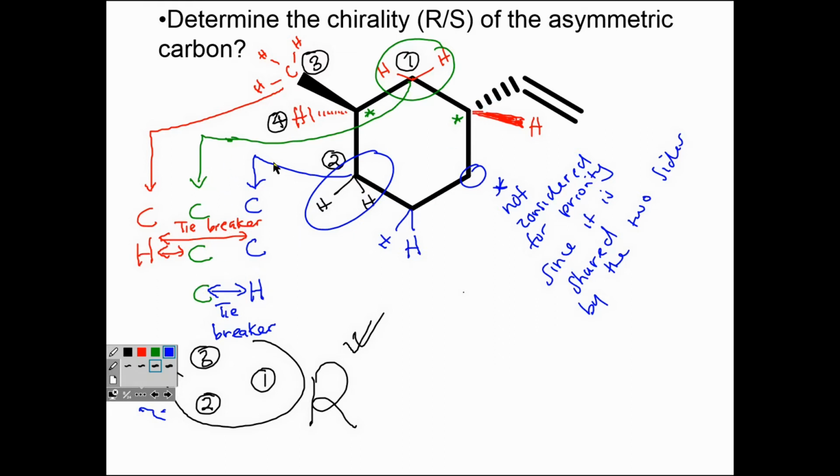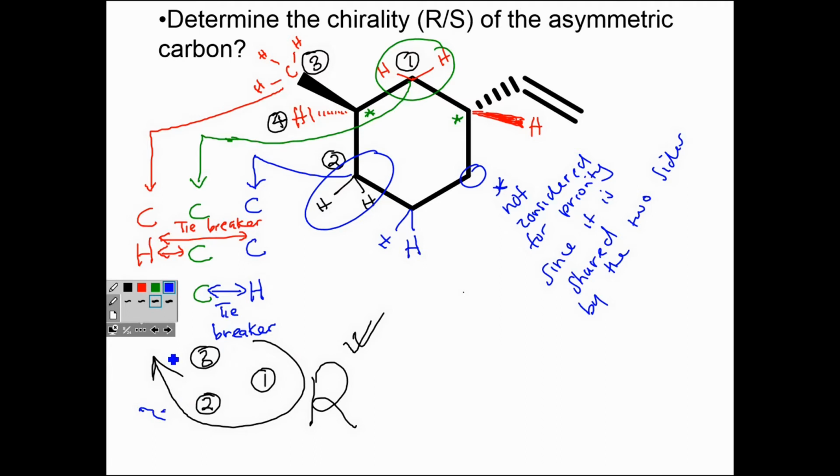So the carbon that started the entire sequence, this carbon here, is gonna have priority number 1, because this carbon gave you a break. You have a tiebreaker right there compared to the hydrogen. And the blue will be priority number 2. So you have your sequence of numbers as 1, 2, 3.